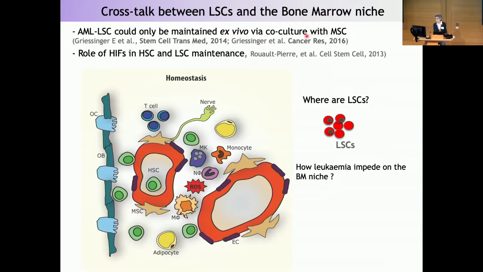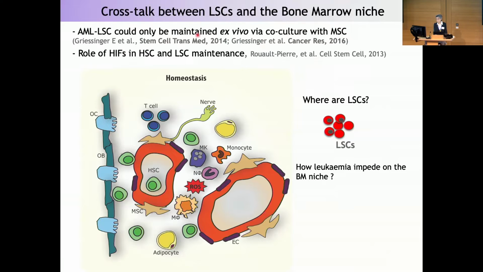The only way to maintain these cells was actually data from Manuel Griesinger, ex-postdoc in the lab, who looked at different ways to maintain them ex vivo and showed essentially that in most patients, mesenchymal stromal cells were able to maintain these cells.